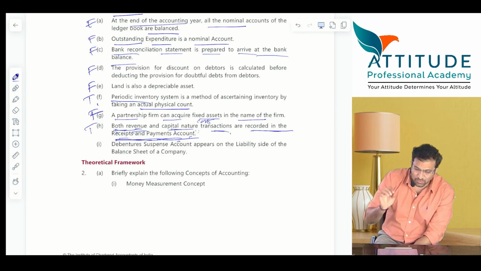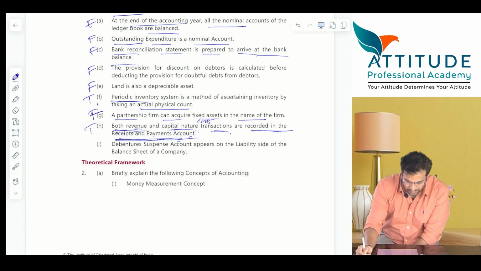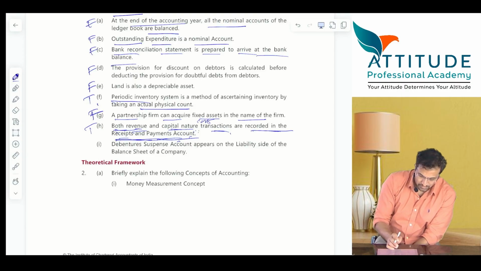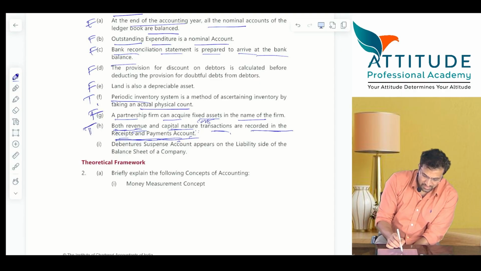You can add that word, which are in cash. Is that clear? Same sentence you write, but only thing which are in cash. ये true है.